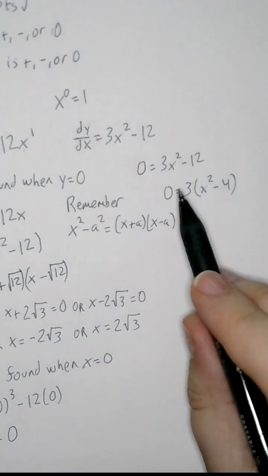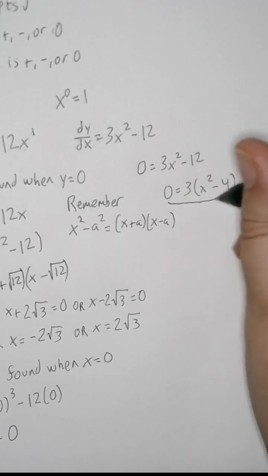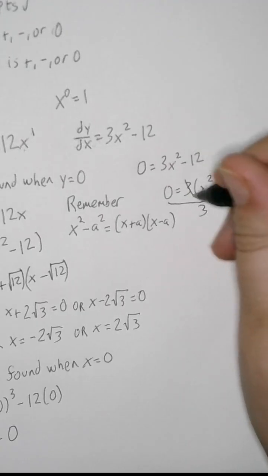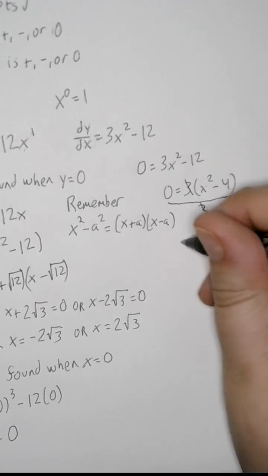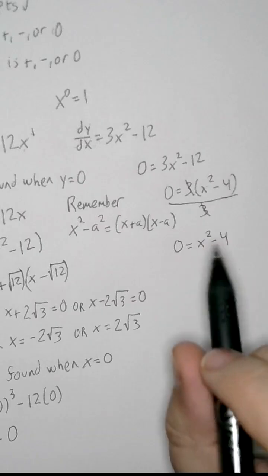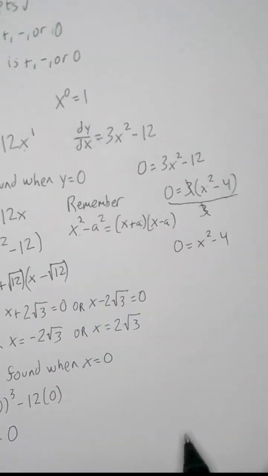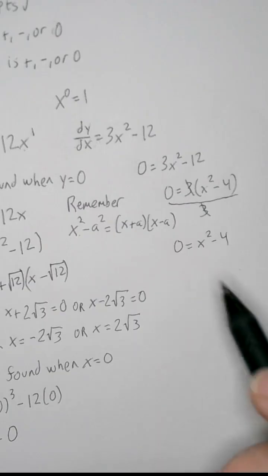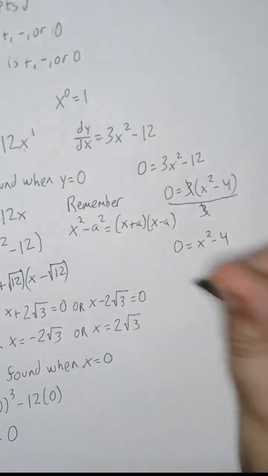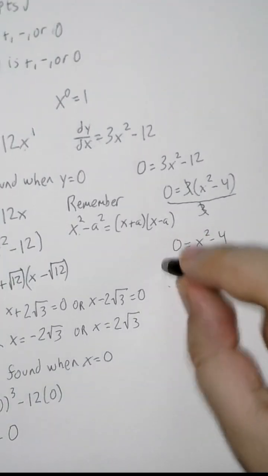Because 3 can never equal 0, I'm just going to divide that out. So we can say bye to that 3. So I have 0 equals x squared minus 4, which, if we remember, is another difference of squares. So I have, let me write a 0 first, actually.